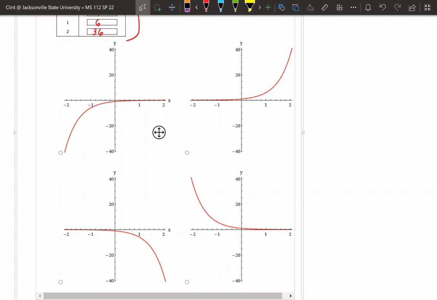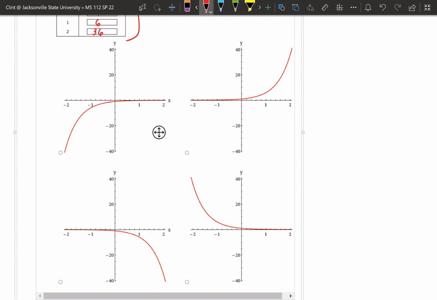So we've got an exponential. What's the general shape of an exponential? Which one? We'll call that 1, 2, 3, 4. Gotta guess you got 25% chance, and there's no penalty for being wrong. What do you think?